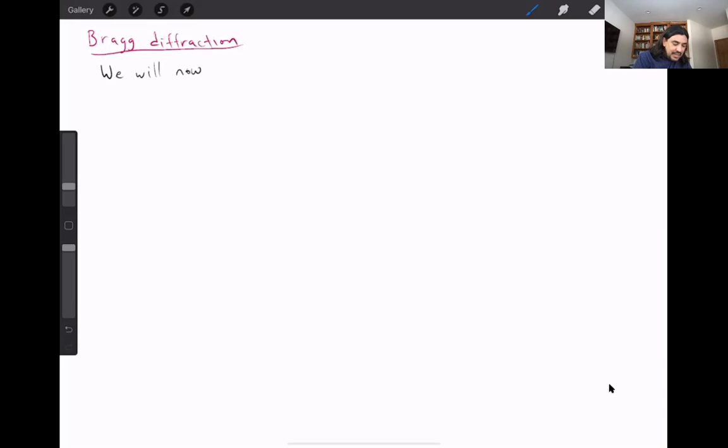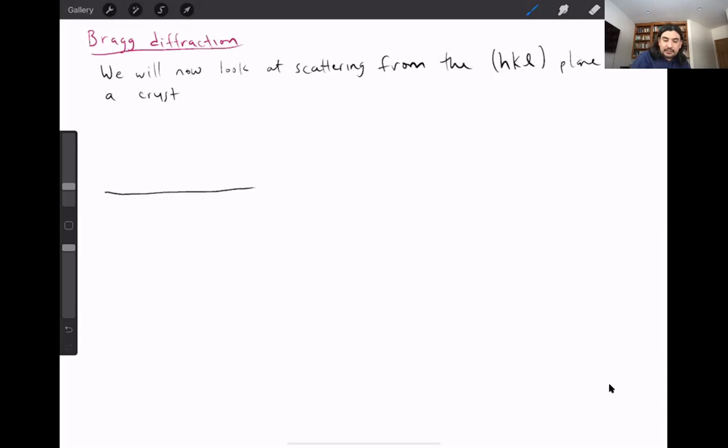So now we would look at scattering from the planes of a crystal. So let's say we have the HKL plane of a crystal. So the idea is as follows. Let me start. This is your plane. It's supposed to be a straight line right there.